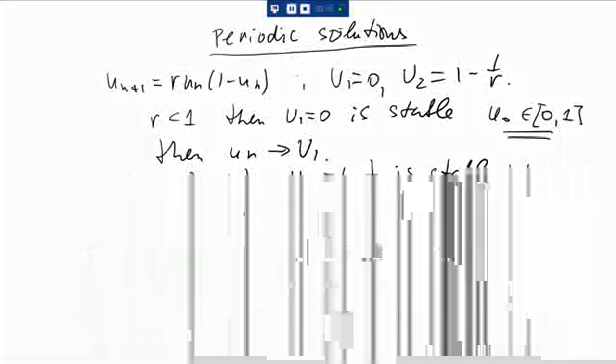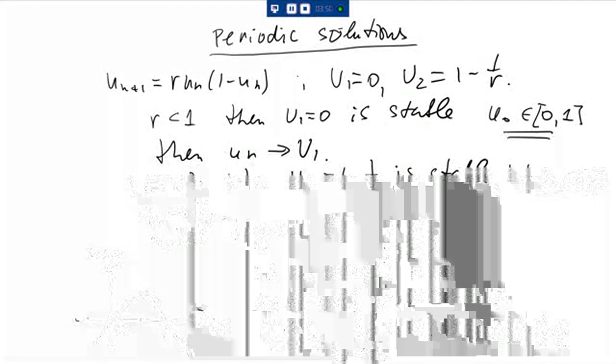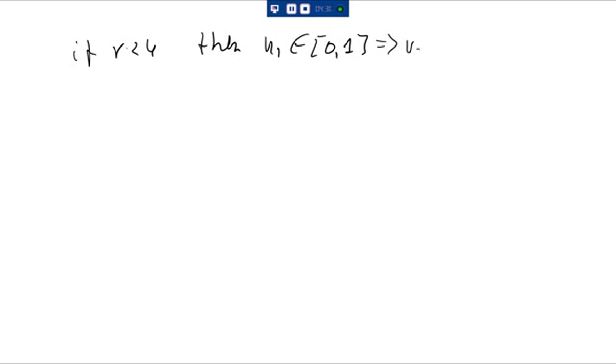So if R is less than 4, and U0 belongs to 0, 1, then U1 belongs to 0, 1, U2 will belong to 0, 1, and at the end UN is in the range from 0 to 1 for any n.